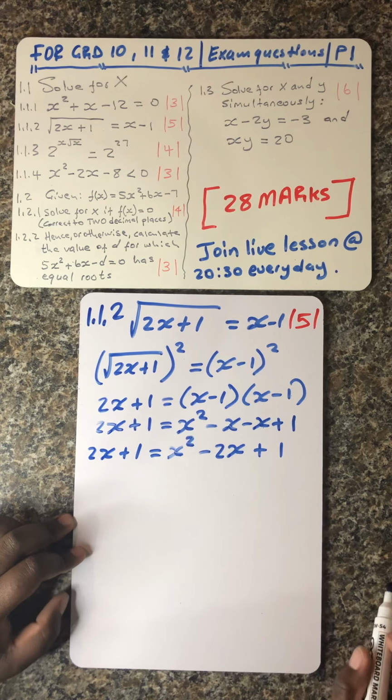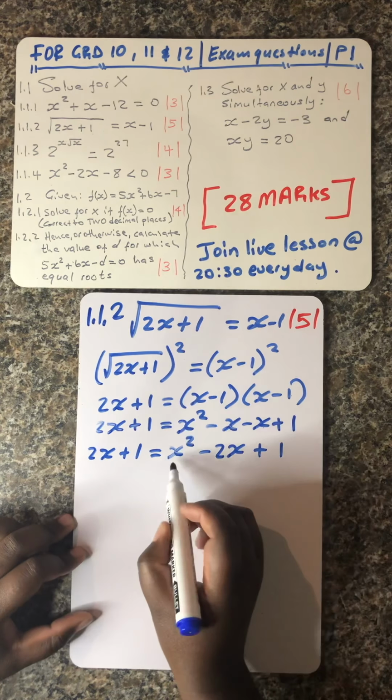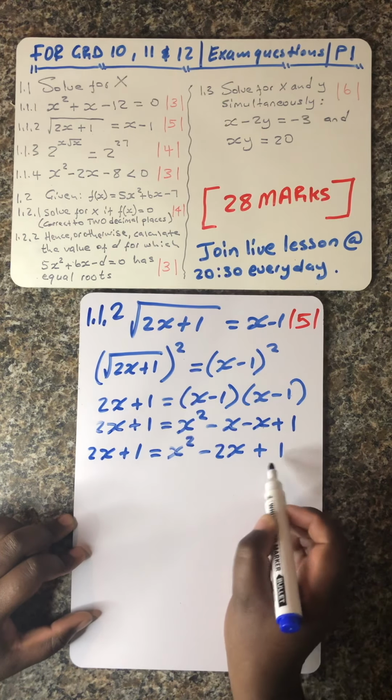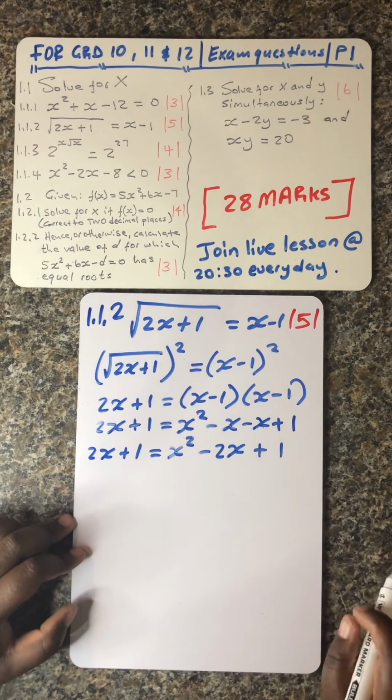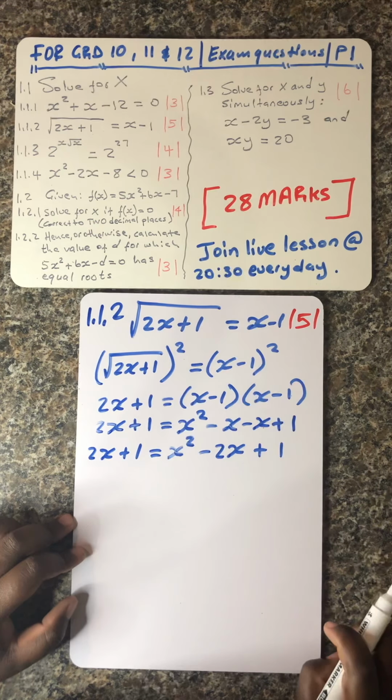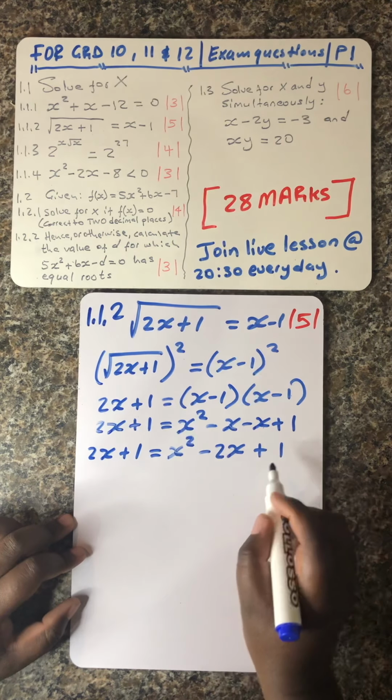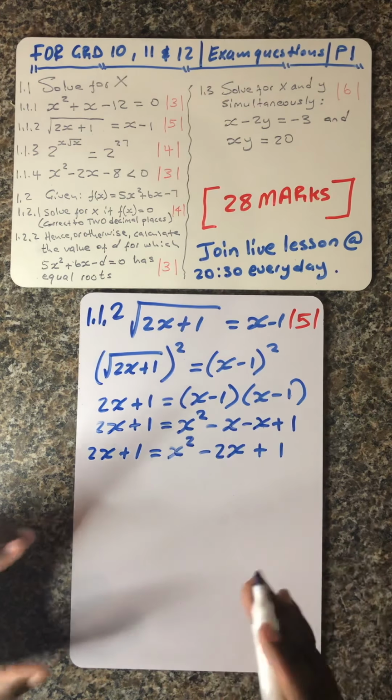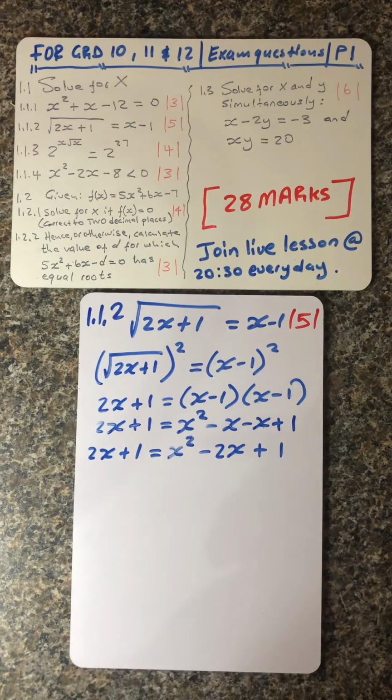Now what we want to do is move everything from the left to the right side. The reason we're doing this is because we want to equate this to 0, simplify, and get to a stage where we cannot simplify further and can start to factorize.